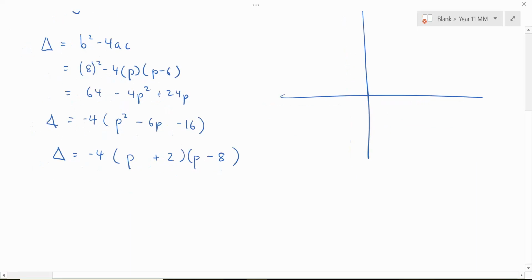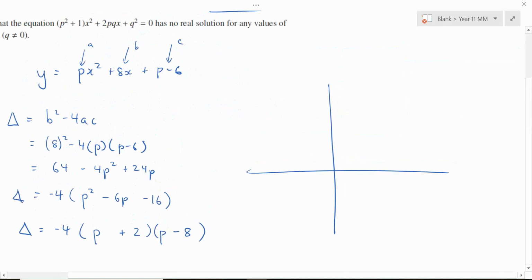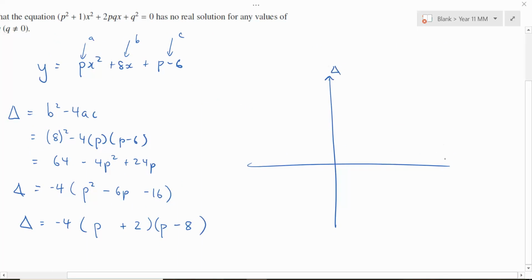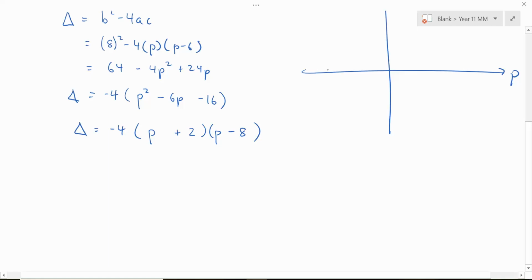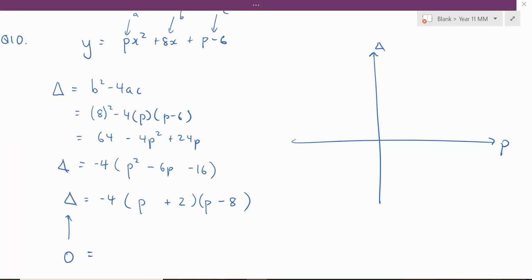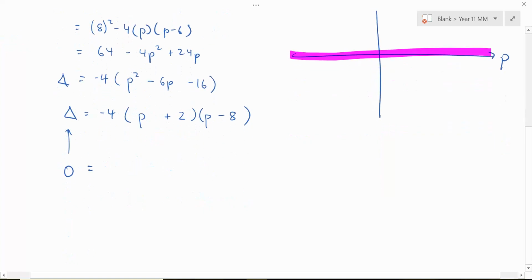If you were to find the x-axis intercepts, clearly the discriminant needs to be 0. Anywhere on the x-axis, the discriminant is clearly 0. So if it's 0, let's work this out.